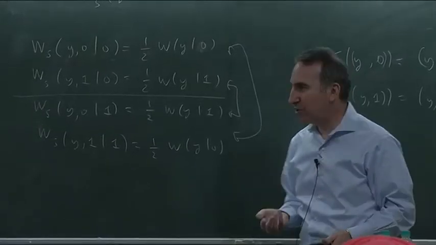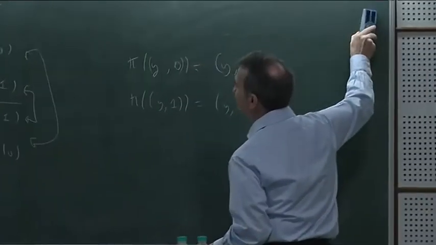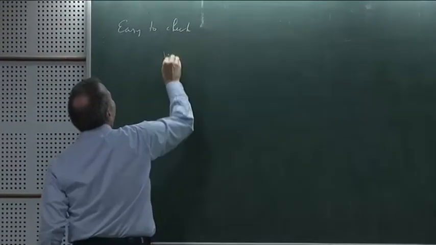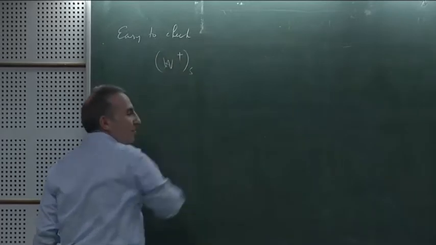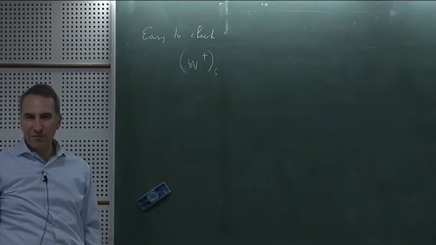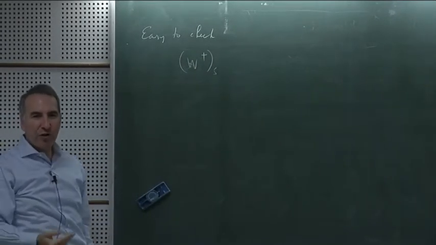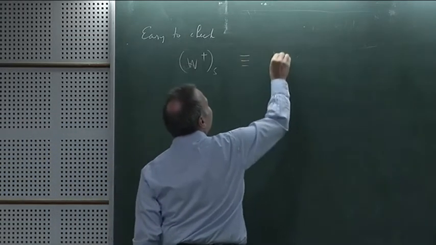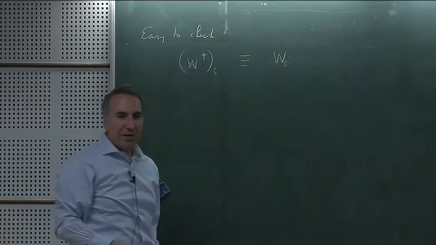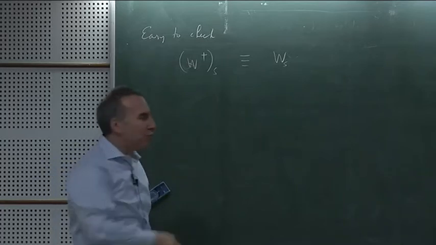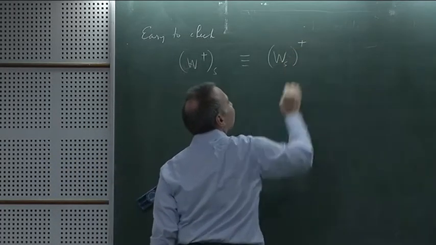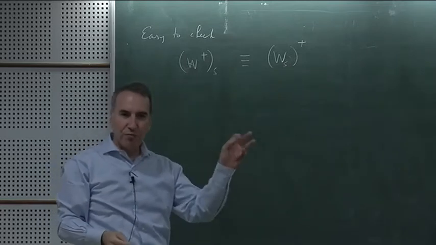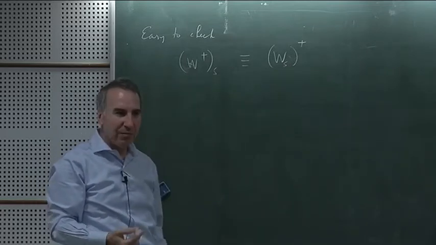Okay. Secondly, the symmetry operation that we have described here, going from W to W_S, commutes with polarization. Okay. So it's easy to check. If you start with W, you compute W plus, and then you take the symmetric version of this, this is the same as taking the symmetrized version of W and polarizing it. I say equivalent because they're not exactly the same, because you have to merge a few of the outputs to realize that these are the same thing.